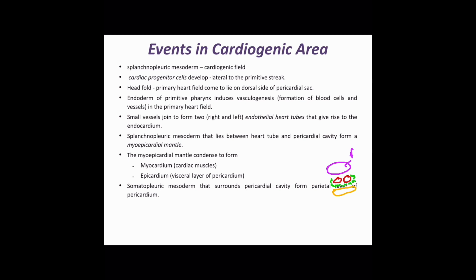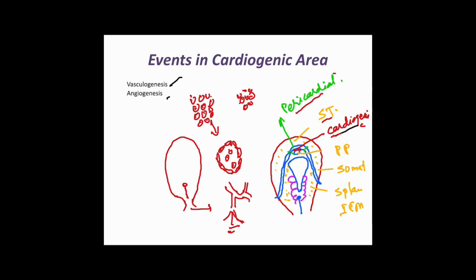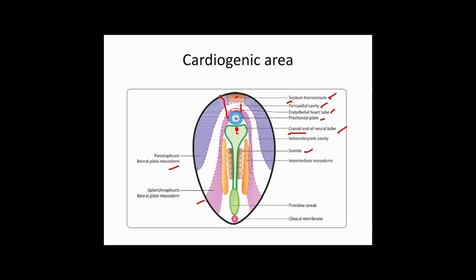Now we have seen here, this is the pericardial cavity and the layer which is surrounding this. This is the somatopleuric layer. So if we just go back in this diagram, understand, this is the pericardial cavity.